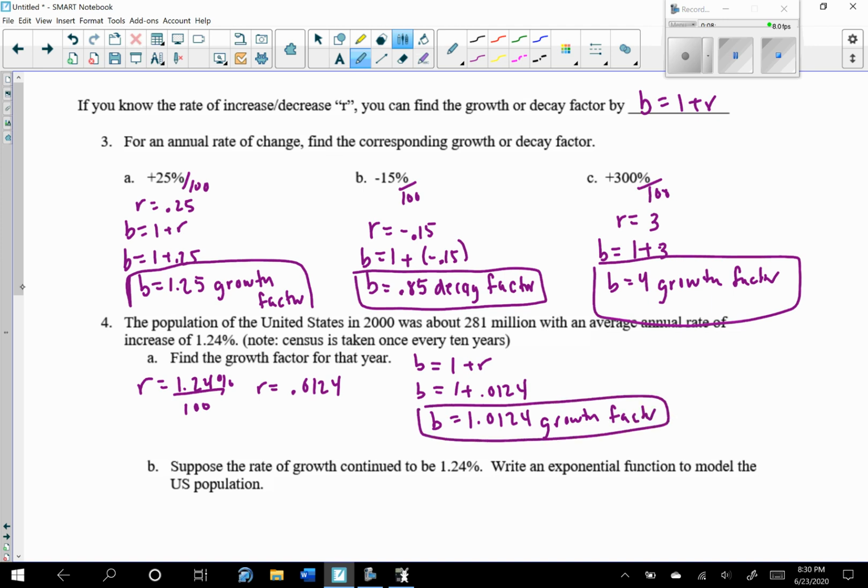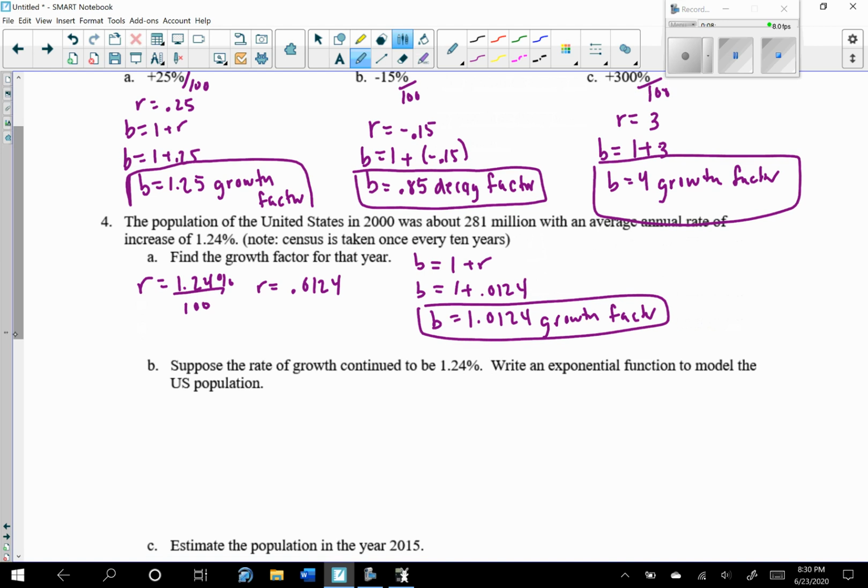And for B, suppose the rate of growth continued to be 1.24%. Write an exponential function to model the US population. So the exponential model we know is y equals AB to the power of x. A is your starting value, B is your growth or decay factor, which we just found, and x and y are just the variables. So y is equal to, what is our starting amount? It told us 281 million.